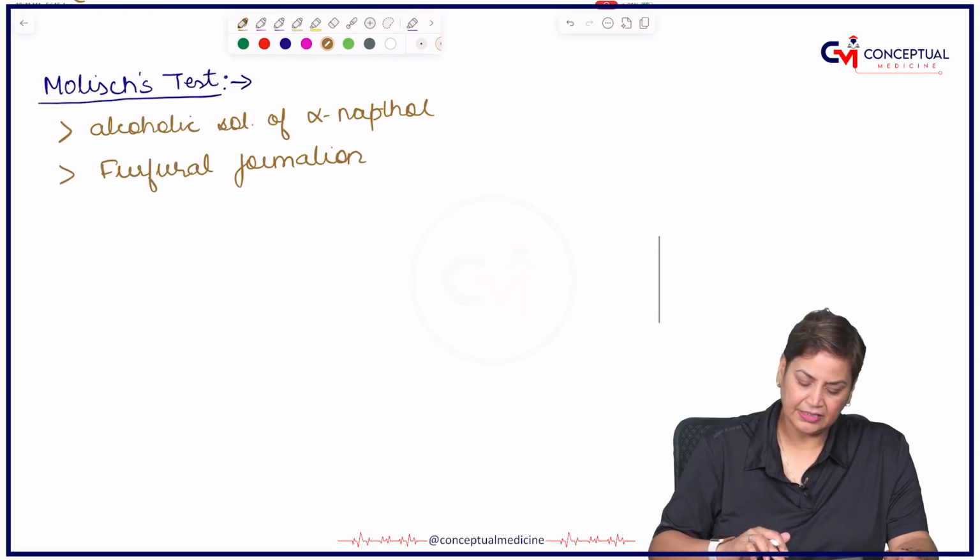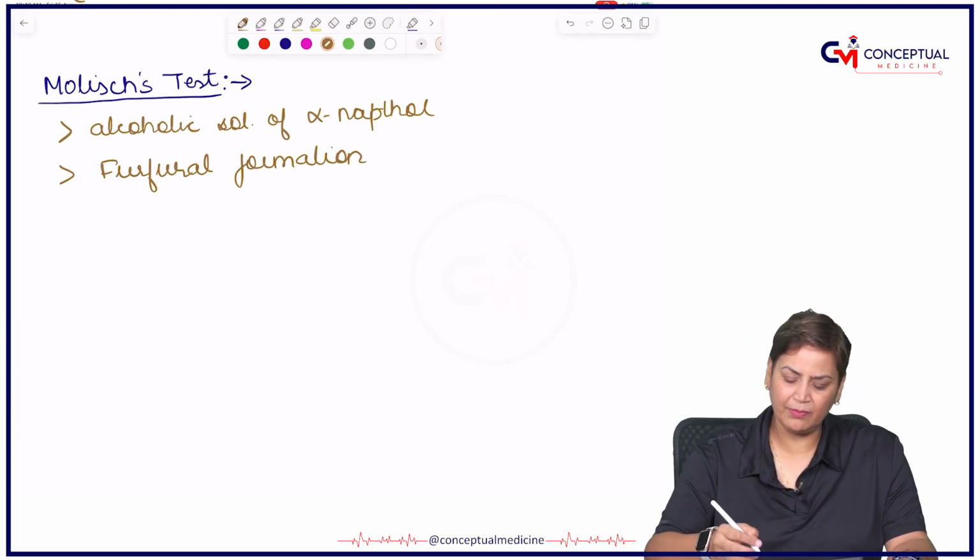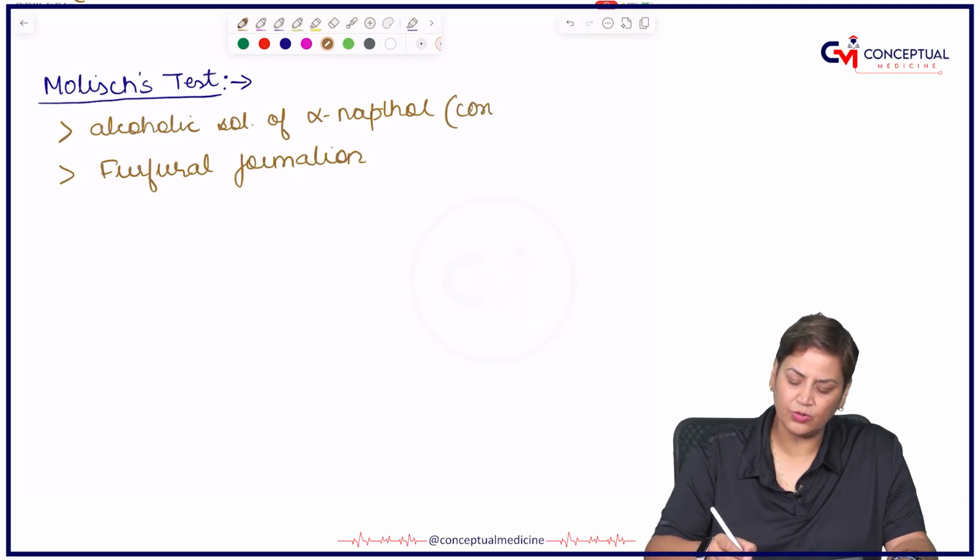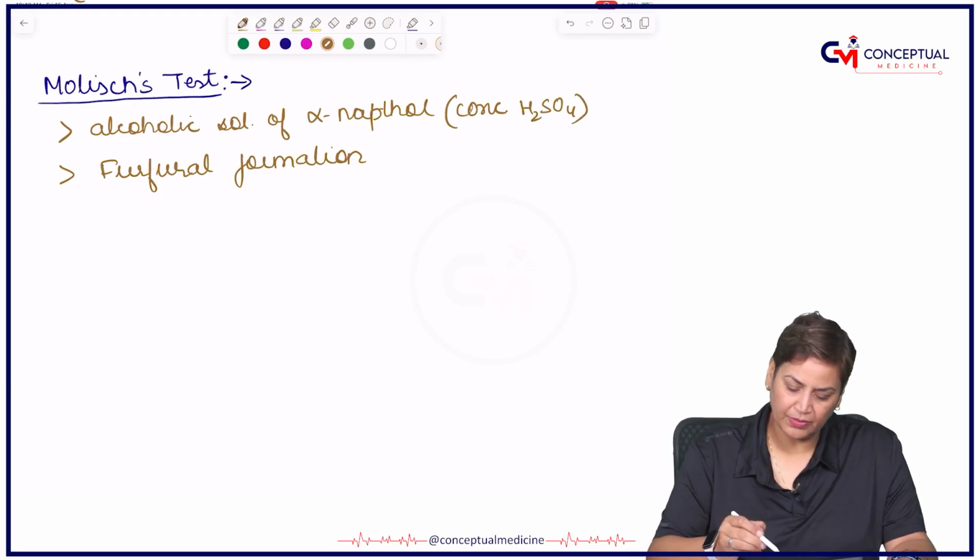Since it is an alcoholic solution of alpha-naphthol, we add concentrated H2SO4 along the sides of the test tube. I'll just show you the picture also.